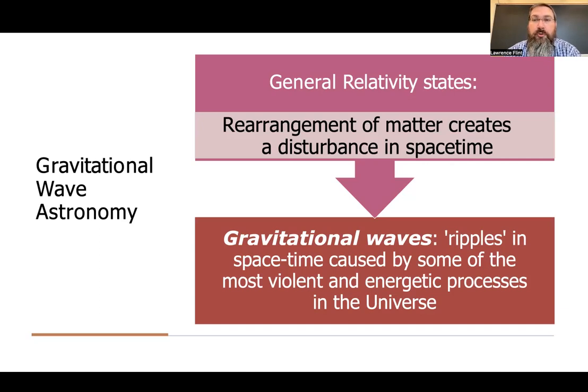But whenever objects are in motion, that dent in space-time moves around. And that motion of an object within space-time, Einstein and others hypothesized, could cause disturbances that radiate outward like ripples in space and time.